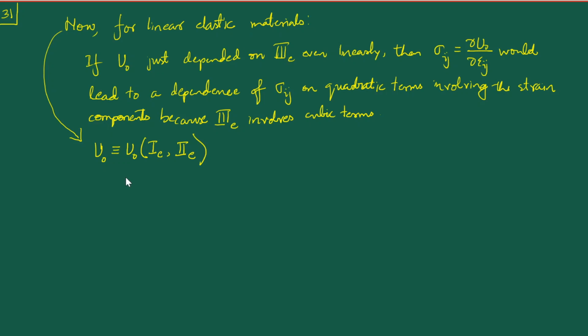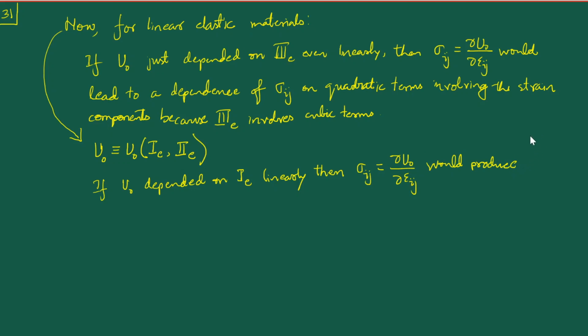If u naught depended on I1E linearly, then sigma ij is equal to del u naught by del epsilon ij would produce a constant term.